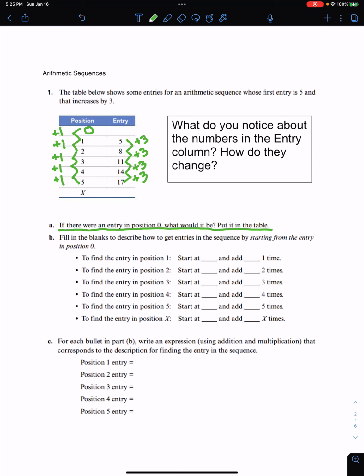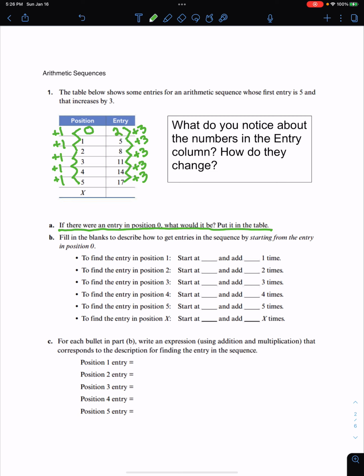So in this case, to go from position 1 to position 0, we are going to subtract 3. So to go forward from 0 to 1, we want to add 3. So we have to go backwards.